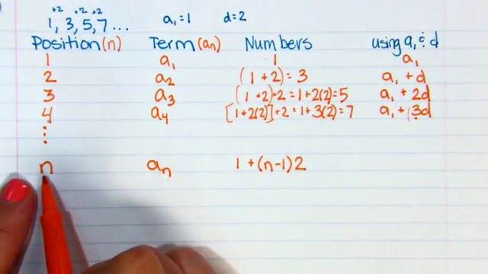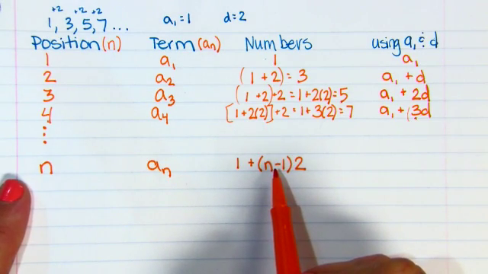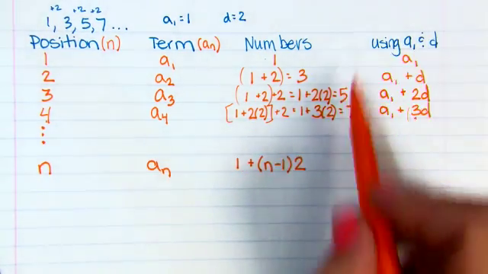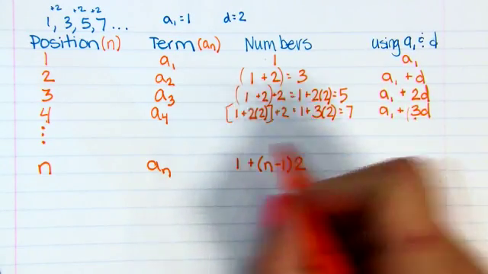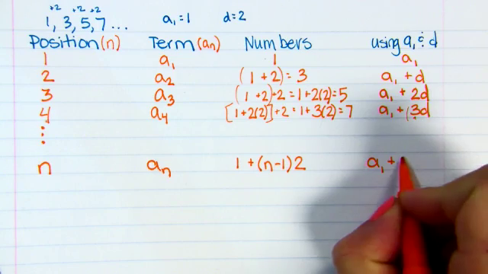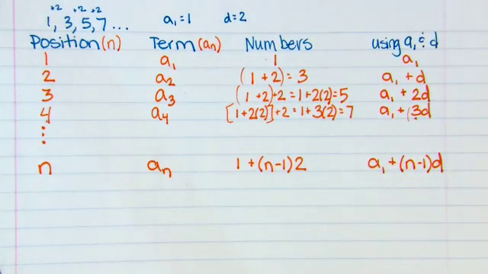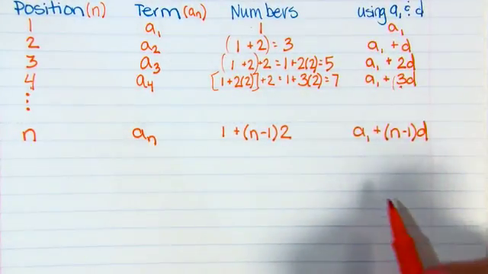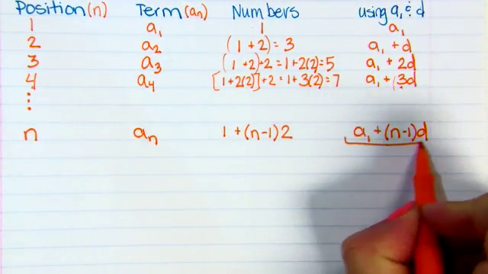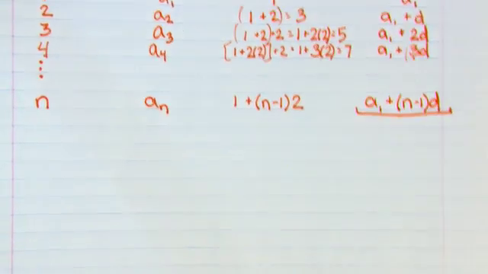So if I want my nth term, I add 2 n minus 1 times. Or using my a sub 1 and d, remember this is my first term plus n minus 1 times my common difference. So this right here is the formula that I'm going to use to jump to any term that I want.